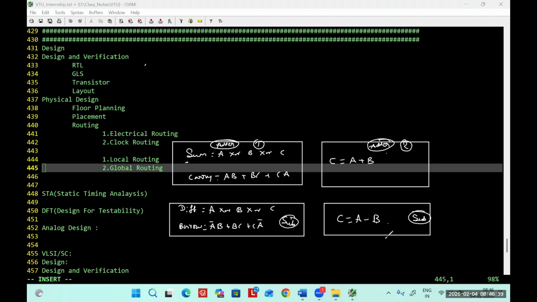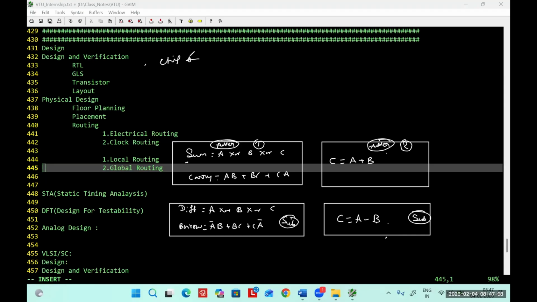Ultimately, keep in mind, when you say design, what is your intention? You need to produce a chip finally, correct? If you want to produce a chip, what is the base for a chip? Finally, transistors, the layout level.